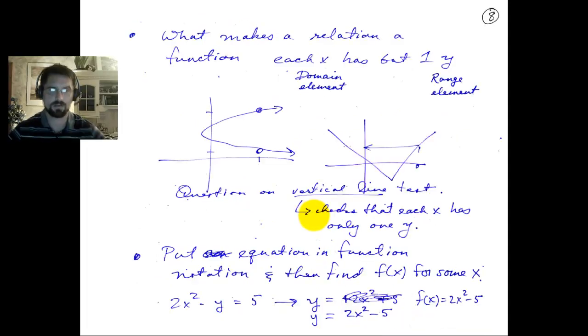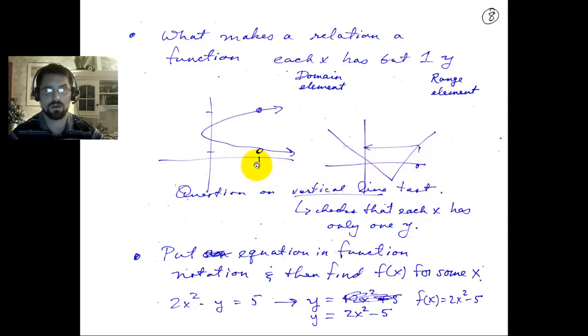Moving on, you're going to have to know your definition of relations and functions, specifically what makes a relation a function. And the answer to that is each x has but one y, or each element of the domain has but one corresponding element in the range. And the test for that is the vertical line test.